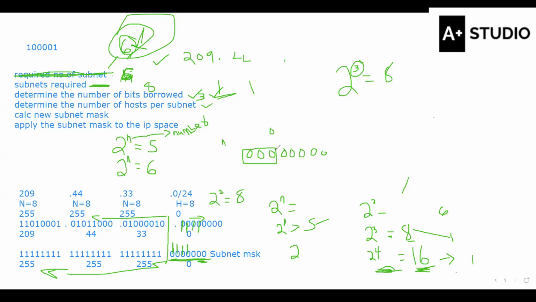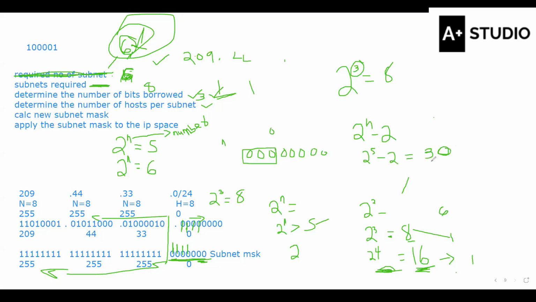How many do you think is now remaining? 5. So the host formula comes in here. The host formula says 2 to the power of host bits, minus 2. So it becomes 2 to the power 5 minus 2, which gives us 30.